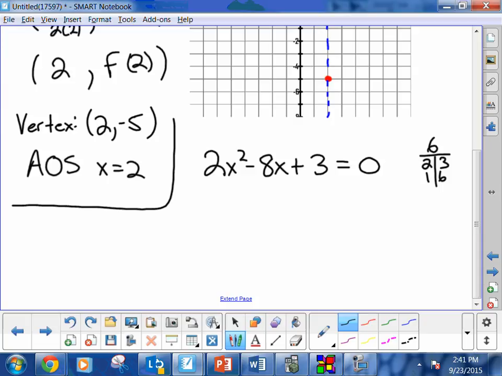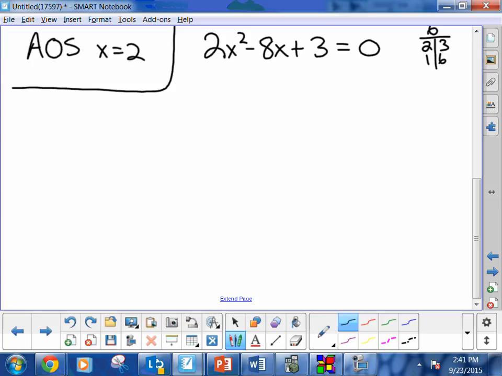I can't see any pair that adds up to -8, so it's not factorable in our sense. So we have to move over to the quadratic formula. If you don't have the quadratic formula memorized yet, please take some time to memorize it. The good thing is that you have time. Quadratic formula.